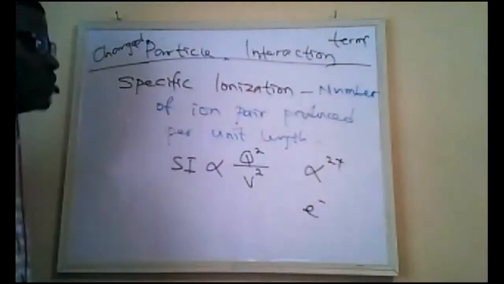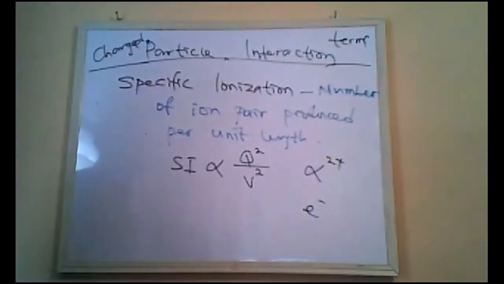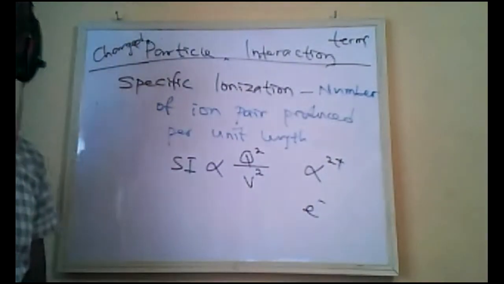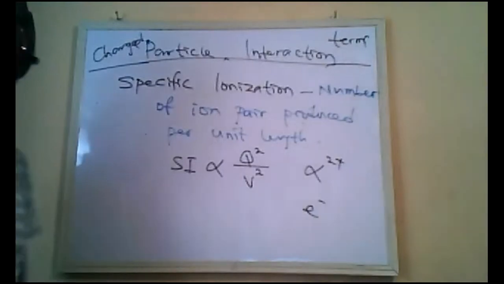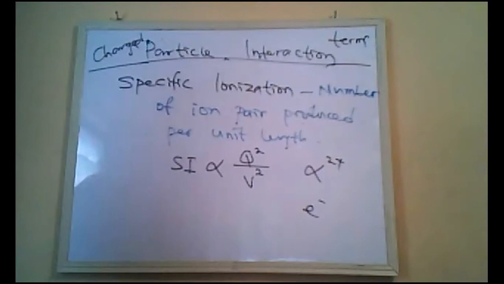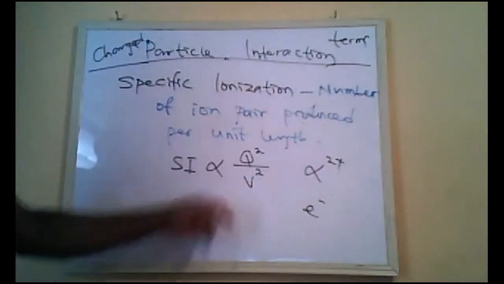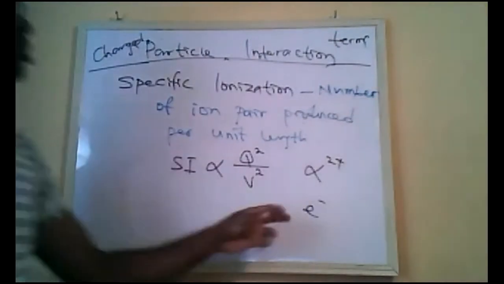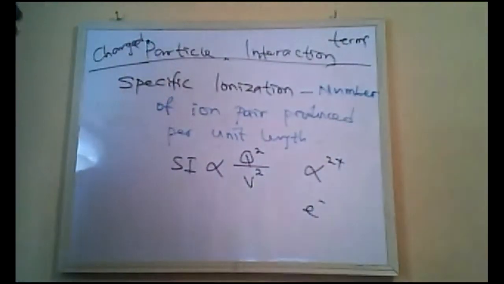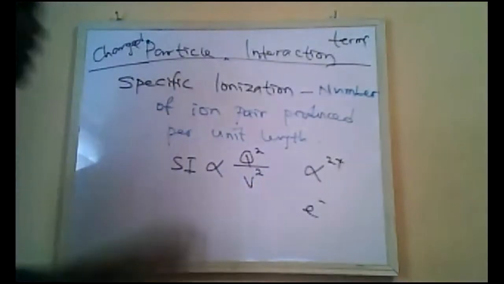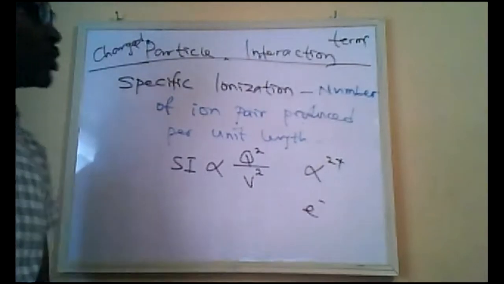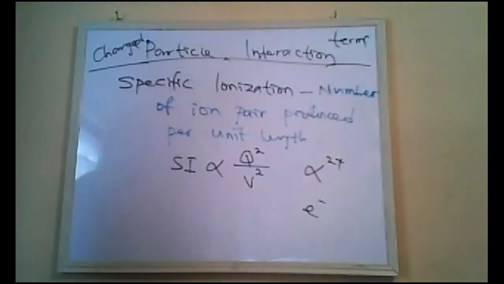This one is going to have twice as much specific ionization as the electron is going to produce. That is a very key distinction between heavy charged particles and light charged particles. The heavy charged particle has a bigger specific ionization as opposed to the light charged particle.